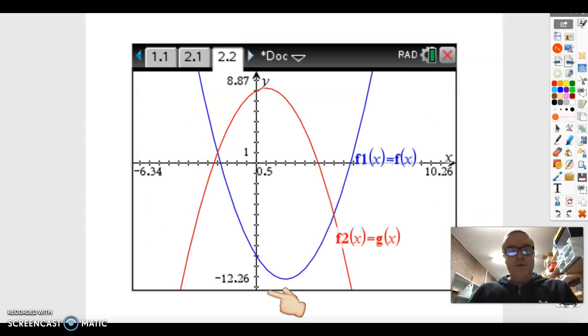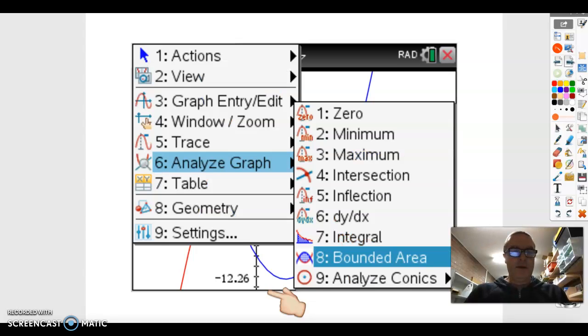I'm going to also use the calculator in a different way. We're going to use the menu on the graphing page of the calculator. Here we can see our two sketches. If we use the Analyze Graph menu, we'll find there's a function for calculating the bound area, or the bounded area. When you choose that function, the calculator is going to ask you for two points to use as your x equals a, x equals b.